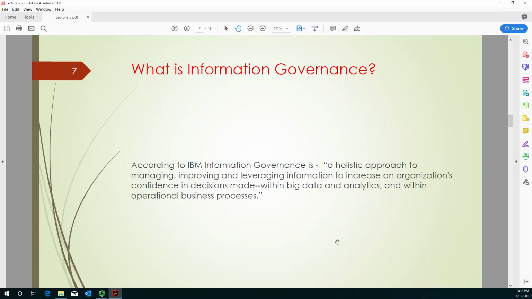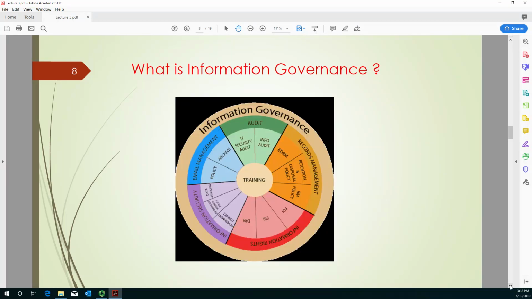So information governance deals with the business needs, while data governance deals with the IT or information technology needs. Of course, you cannot have information governance without data governance. So this is the overall diagram of information governance. You have information security, you have email management, audit, records management, information rights, etc., etc.